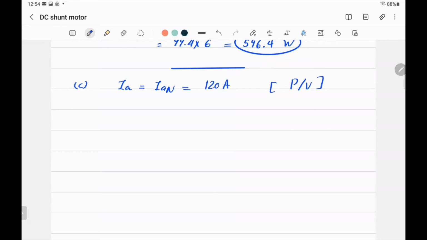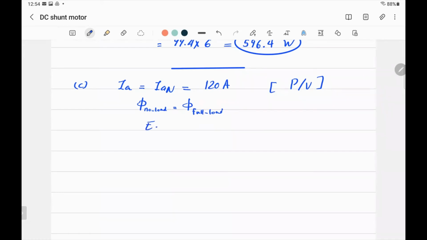Well, since I'm ignoring armature reaction as mentioned, it means that the flux at no load is equal to the flux at full load. That's the requirement in the problem. You mentioned that I should ignore it and make it stay the same. All right.